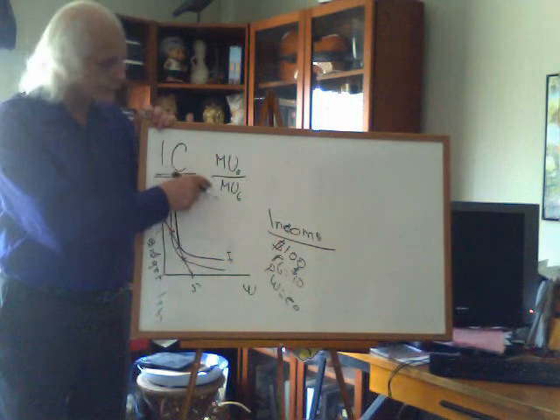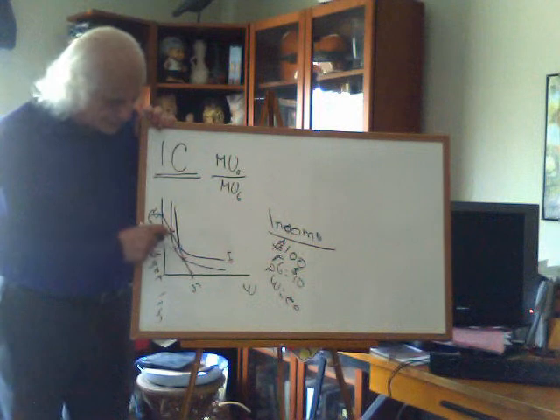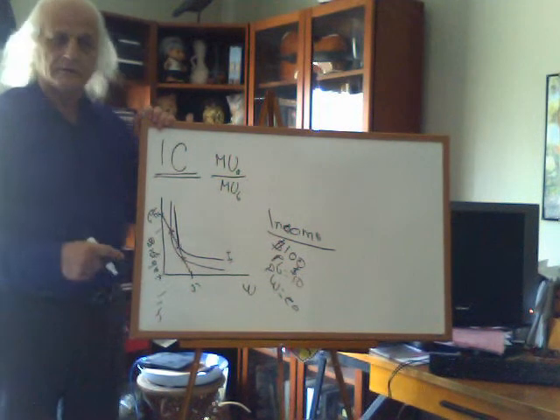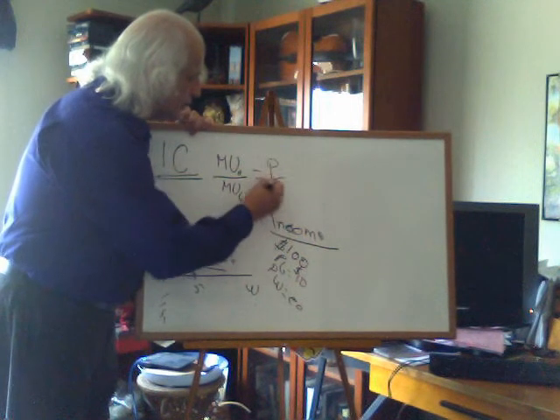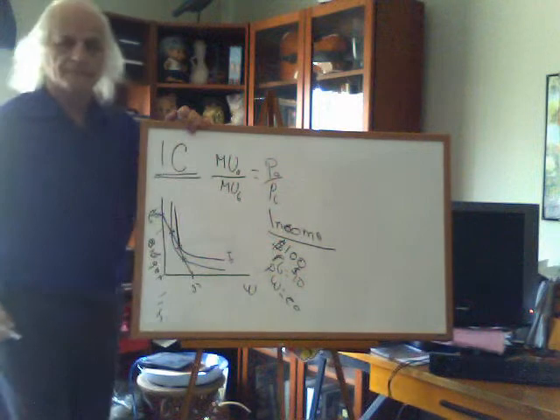It's the marginal utility of one over the marginal utility of the other. And what is the slope of the budget line? The budget line, which is a straight line, as I hope all of you know, is going to have a slope of the price of one over the price of the other.